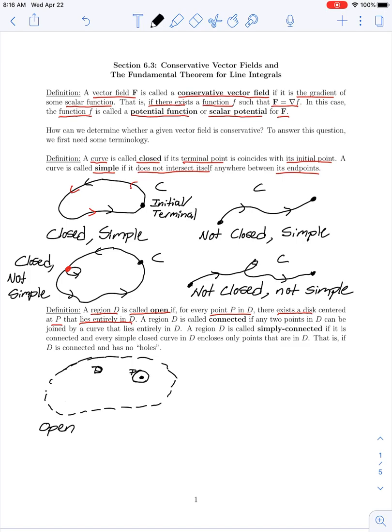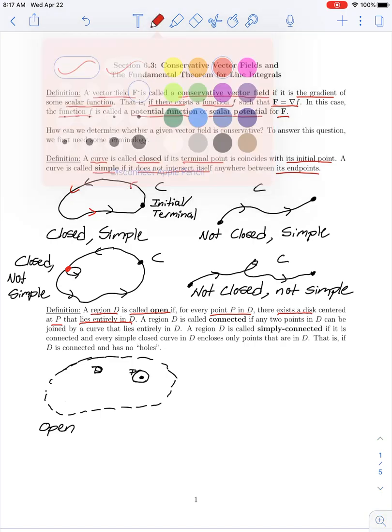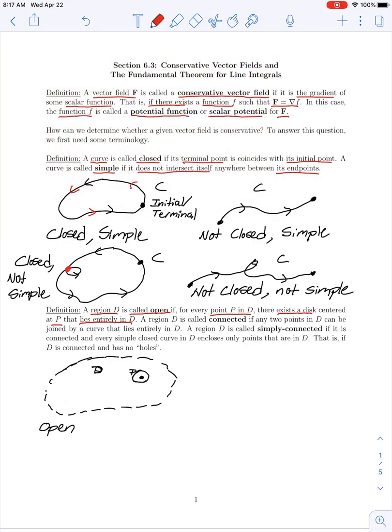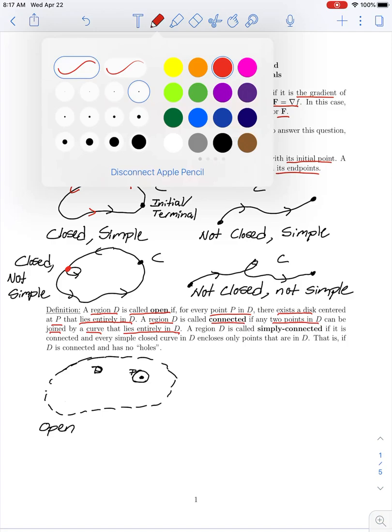Now some other definitions which we could consider for regions would be the following. A region D is said to be connected if any 2 points in that region can be joined by a curve that lies entirely in D. So the example that we've already shown here is also an example of a connected set.